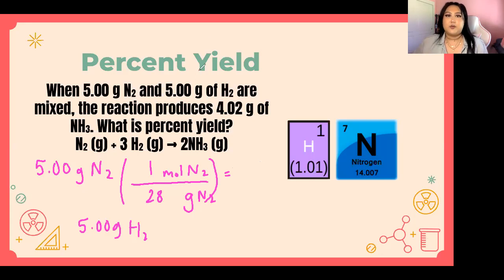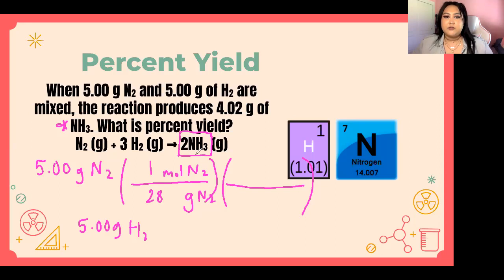So after we convert it into moles of N2, the next step is to figure out how many moles of NH3 there are, because that's what we're interested in, right? We're interested in the product. So in order to do that, we have to use mole to mole factors.